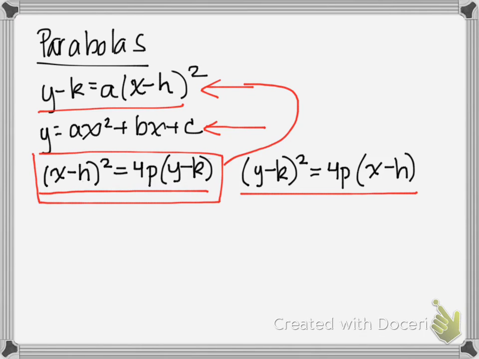So you can see with a little bit of rearrangement, these two equations are really similar. In fact, something very important to observe is that if I compare the a and the 4p, a is equal to 1 over 4p.